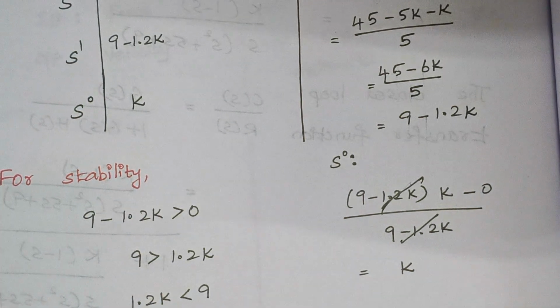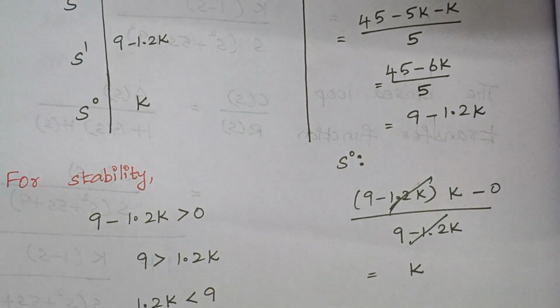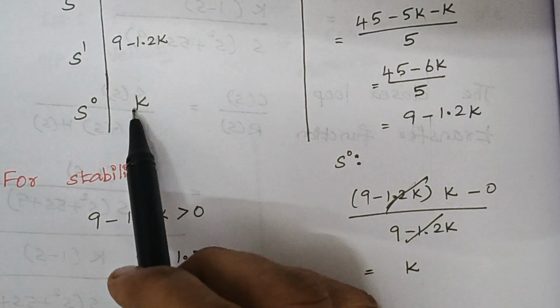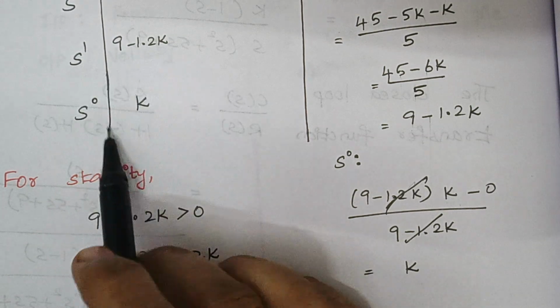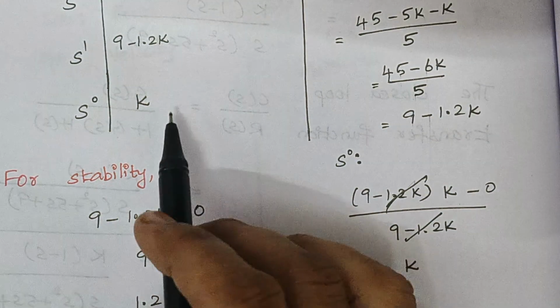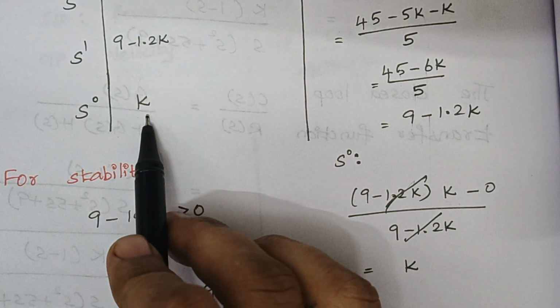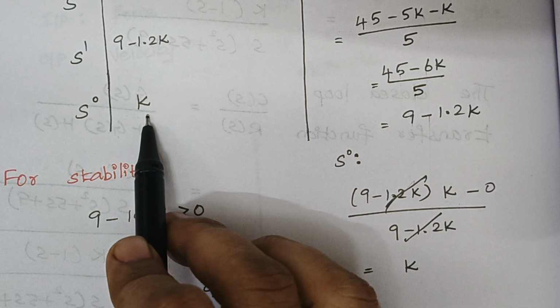So here we are asked to find the value of k for which the system will remain stable. So we are going for the s to the power 1 row because s to the power 0 has only k, right? So whenever you take k, we can say the value of k should be greater than 0. That's it.